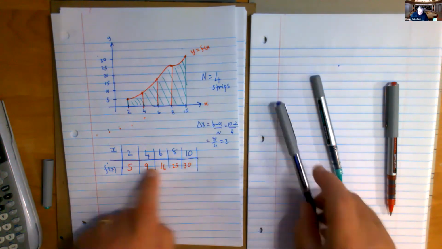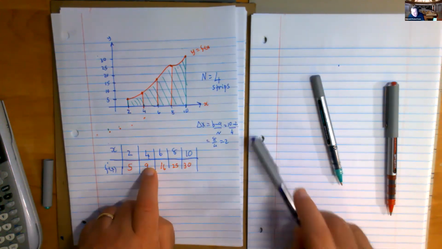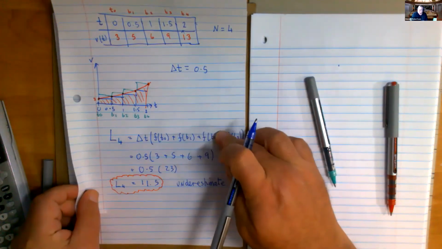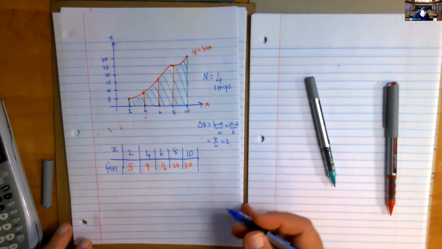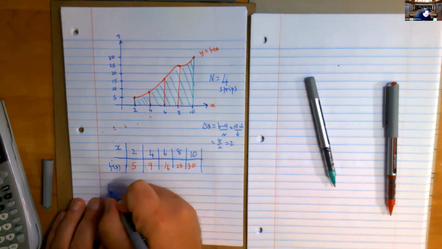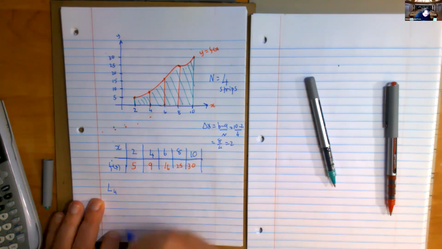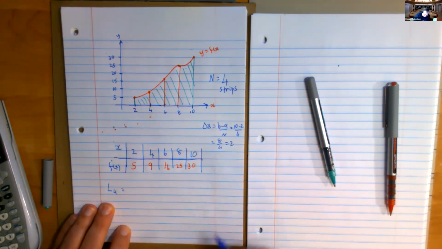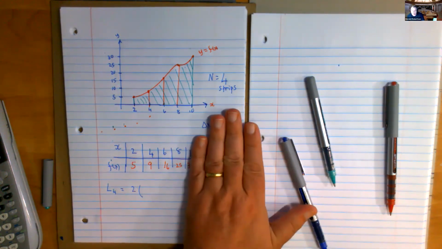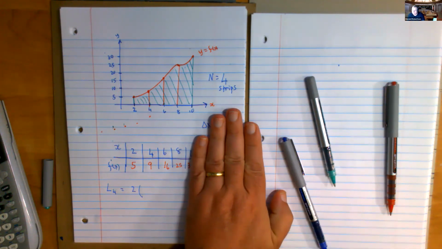So we got this data. Now, once we get this data, can't we basically just do this? Let's do L4. Delta x is 2. And if you're doing left 4, don't you just use those 4 guys, the 4 on the left?